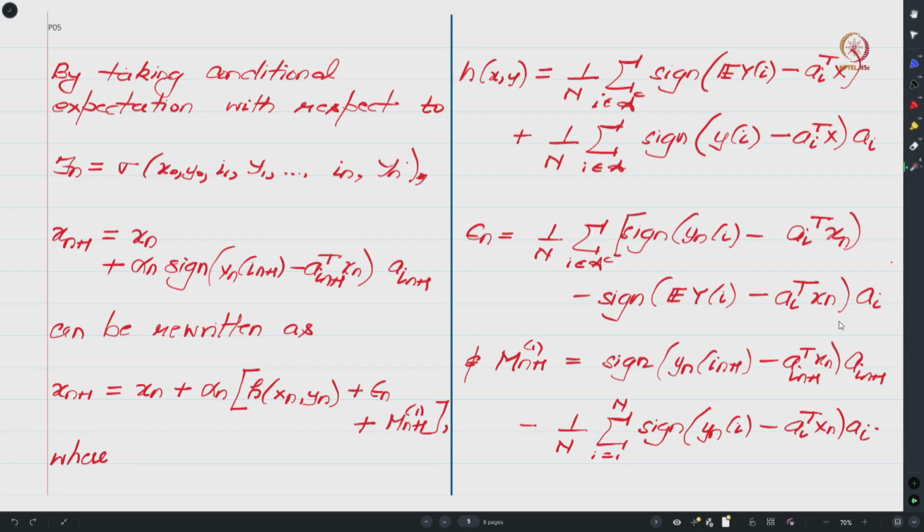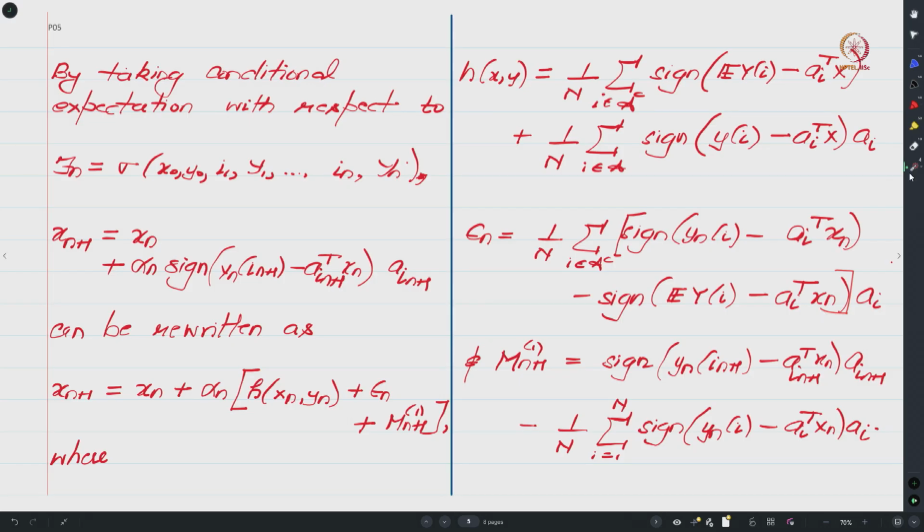However, the key difference is that previously this i went from 1 to capital N. Here on the other hand we restrict the values of i to lie in calligraphic A complement. Is this okay? So that is epsilon n, and I think I should put a bracket appropriately. So the bracket should be something like this.